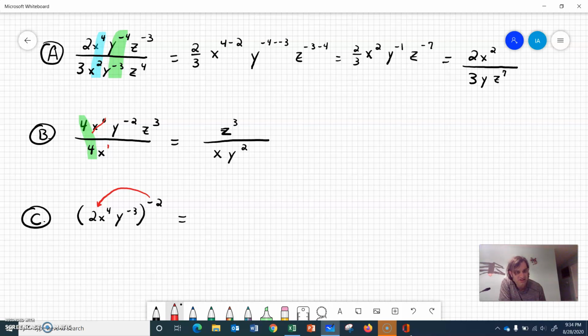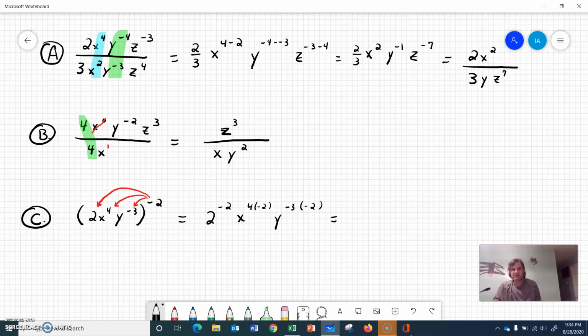So the 2 will get hit, the x to the 4 will get hit, and the y to the negative 3 will get hit. So as we write that out, that'll be 2 to the negative 2, x to the 4 times negative 2, and y to the negative 3 times negative 2.